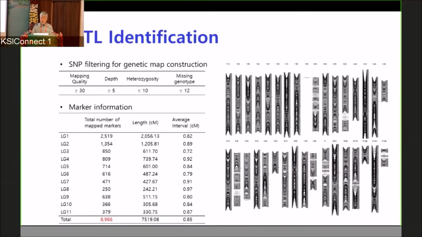In addition to this GWAS, we were also trying to identify QTL using a linkage group we constructed. Here you can see 9,000 markers mapped on this linkage group in one population. This one, VC19738 developed at ABRDC, showed a highly synchronous maturity.